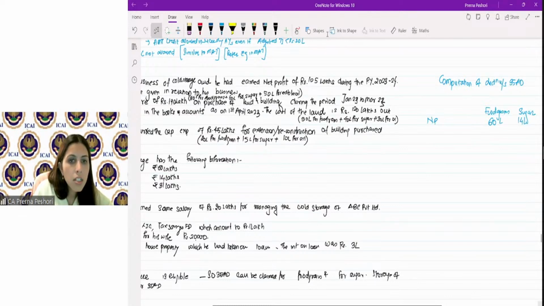Namrata, no, the answer is not correct. Namrata, go back to your 35AD notes. Geeta, no, the question itself says that the food grain and sugar both are eligible for 35AD. So why will you not get any deduction for 35AD? The question itself is saying.